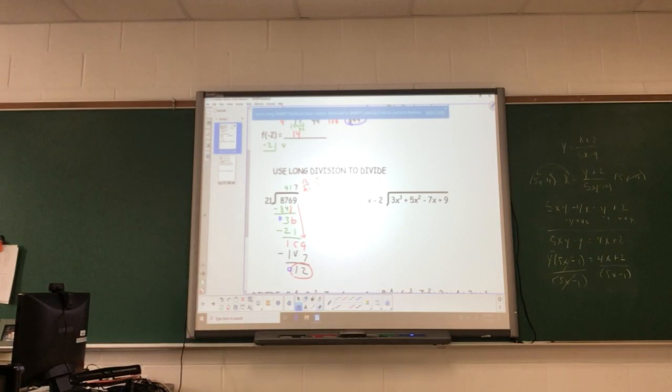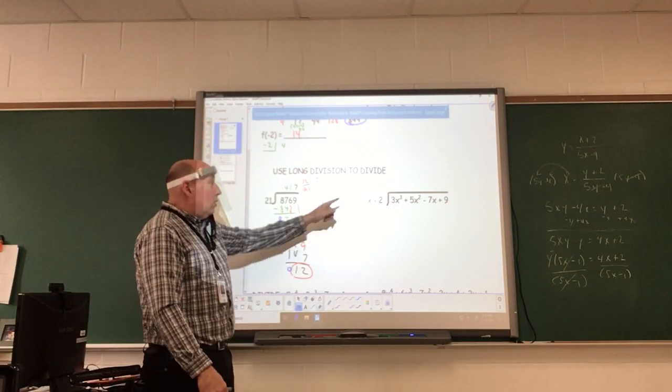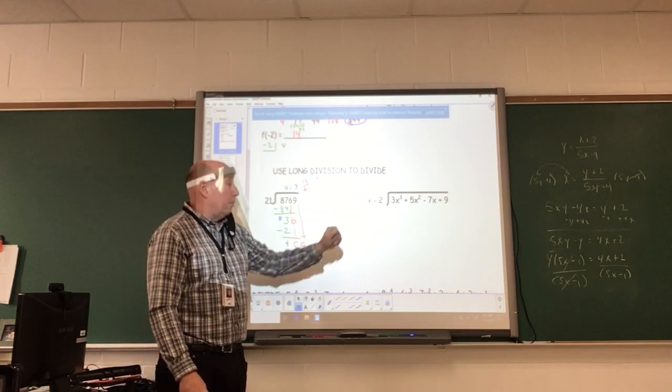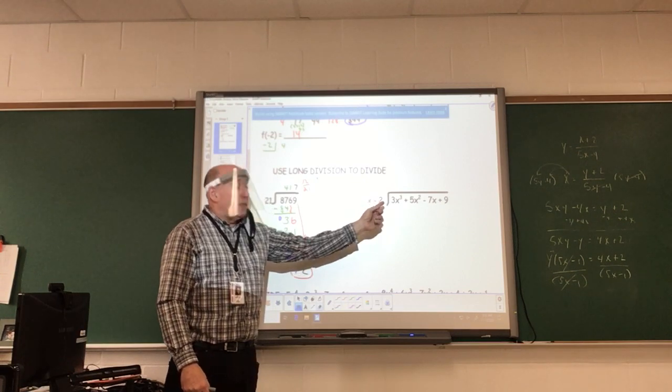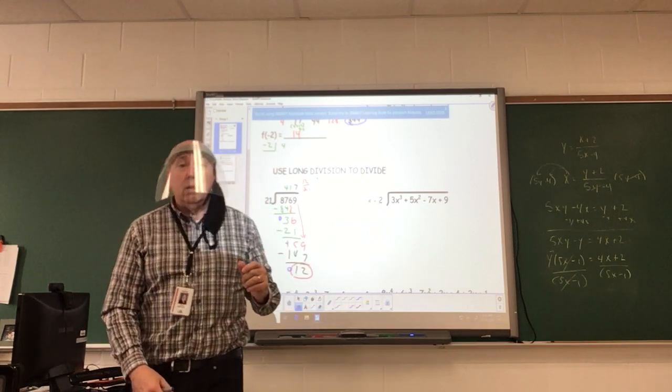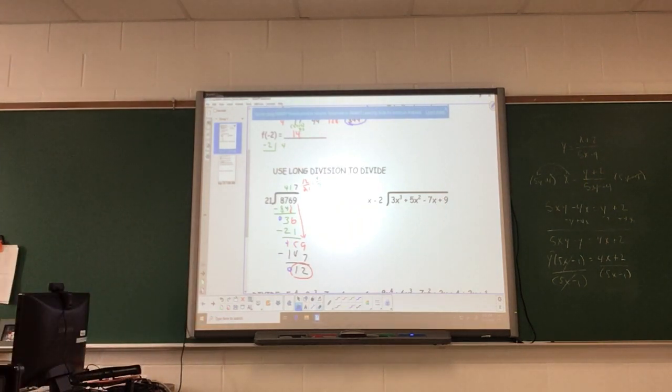Well, just like we used a little trick here, how many times does 2 go into 15, we can use the exact same thing up here. Let's see how many times x goes into 3x cubed. Because what we're going to want to do is eliminate terms from left to right on our radial dial. So how many times does x go into 3x cubed?